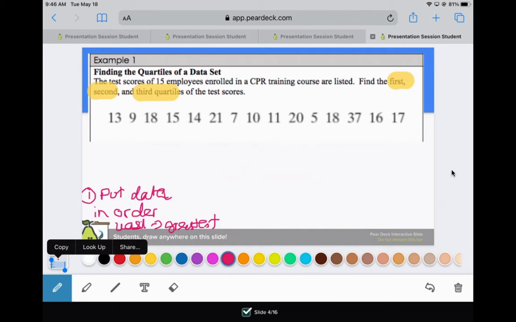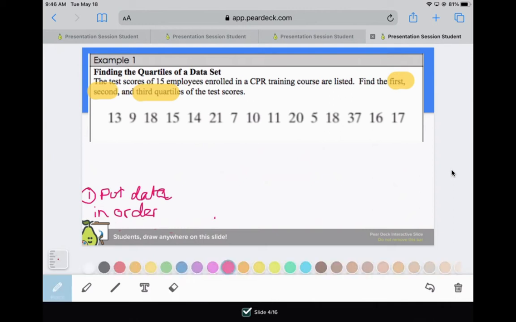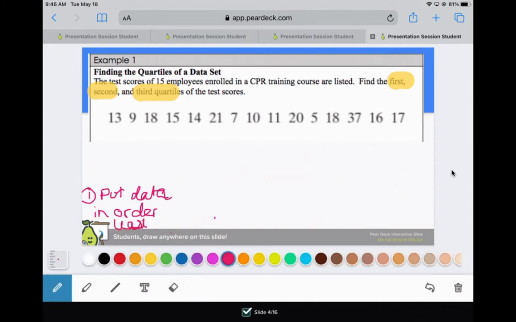As you can see, it's my handwriting. I got complaints the last few days because I continue to write, and a lot of you cannot read it. I try. So put the data in from the least to the greatest. Step number one, I'm going to organize this from the lowest number to the highest number.